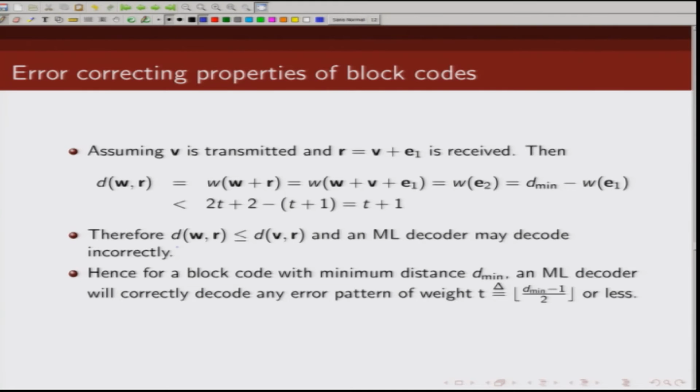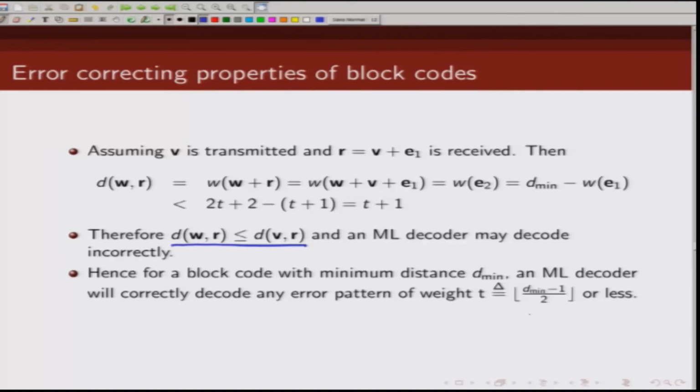So, what we have shown is Hamming distance between W and R is less than or equal to Hamming distance between received code word R and the true code word which was actually transmitted, which is V. So, in this case the maximum likelihood decoder will decode in favor of W and not V and will make a mistake. So, through this construction we have shown that if your error pattern is of weight t plus 1, then you are not guaranteed to correct that error.